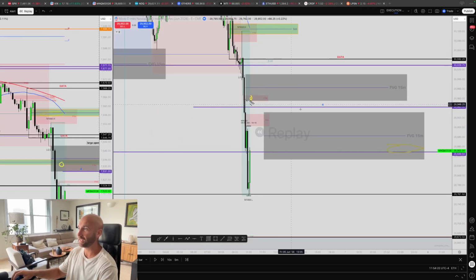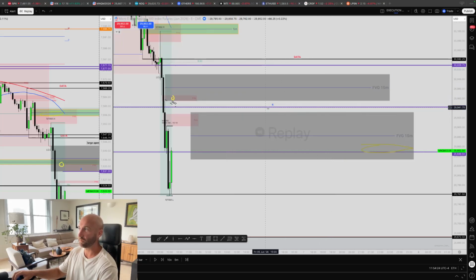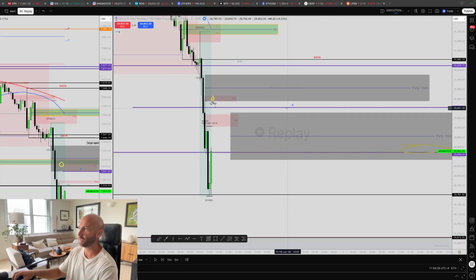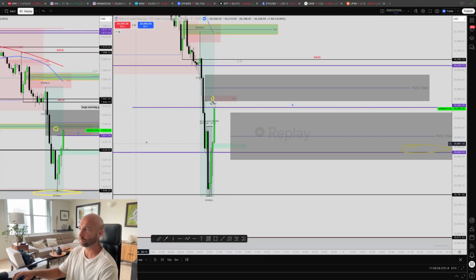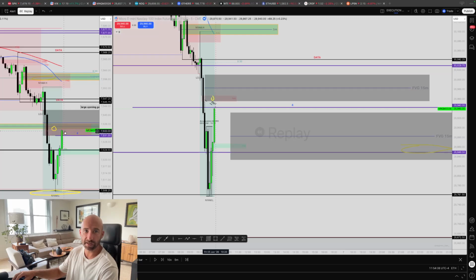So if we look here, that's that same 4 hour. This is the same 4 hour line from the other chart, and I was looking to see how price reacted. We got a pullback. I'd be looking to go short from there. So this is perfect. We came right up. We have an SMT, as you can see here. ES took this high and came up, and NQ did not.